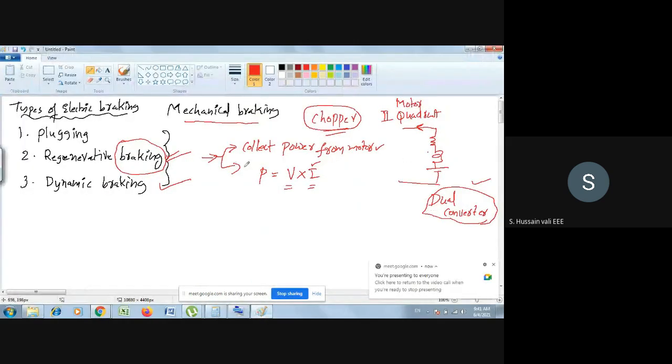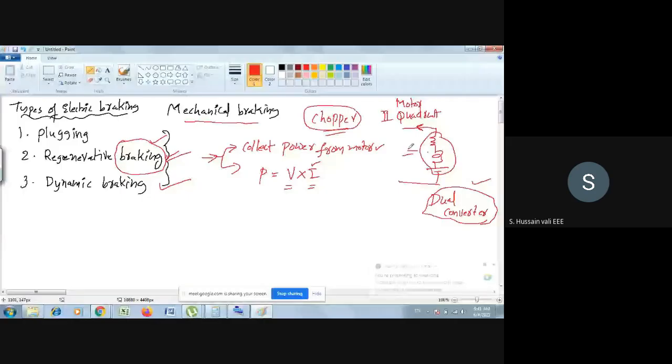So in regenerative braking, you slow down the motor. How do you slow down the motor? That's the main thing we are discussing, how it gets slowed down here. We have seen that power becomes negative. It means the motor gives the power back to the source.